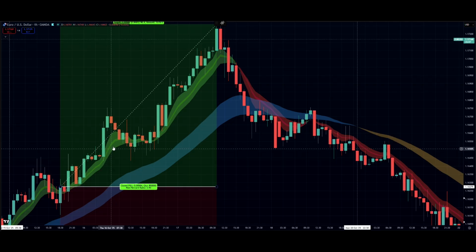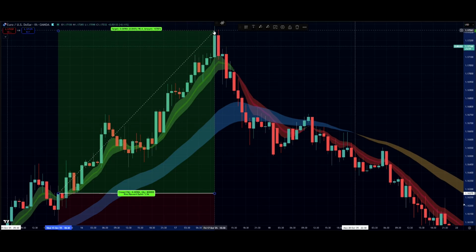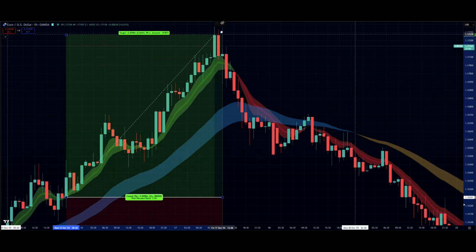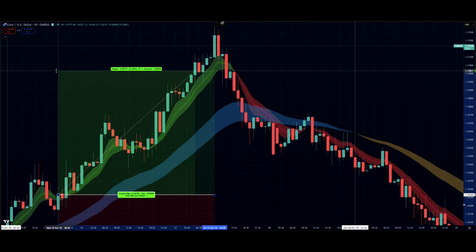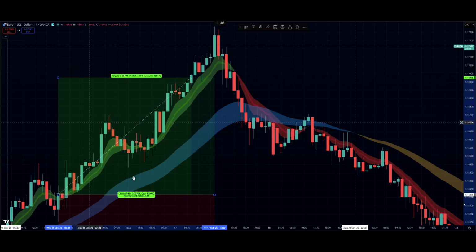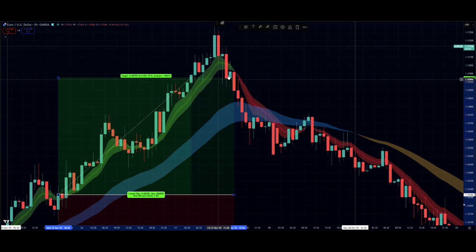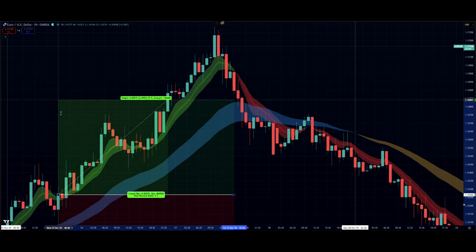So this smaller band keeps us in the trend, and we can exit at 100 pips, or we can exit when the band breaks below the other band. So here you can exit. There is obviously an exit here as well.